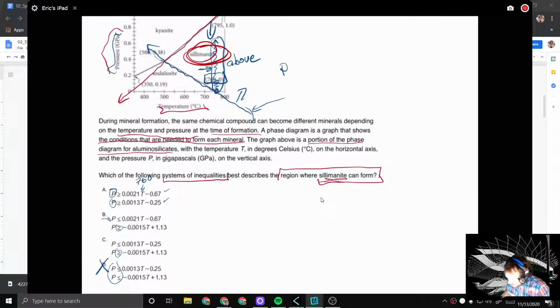So the equation of this line, we have P equals, and I'm going to start with, we have 2 points, so I want to use point slope form of a line.